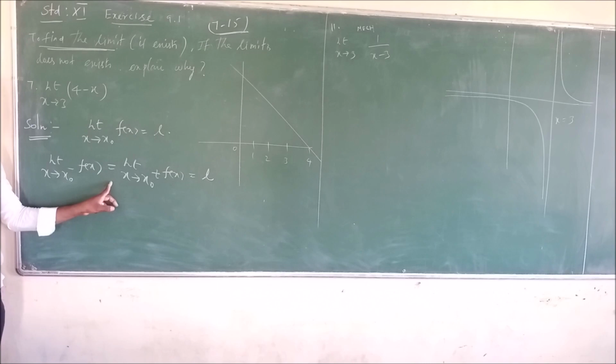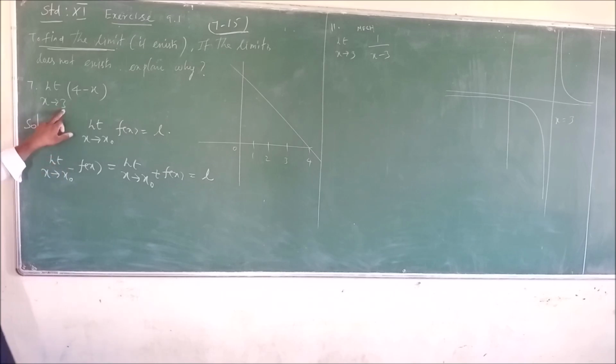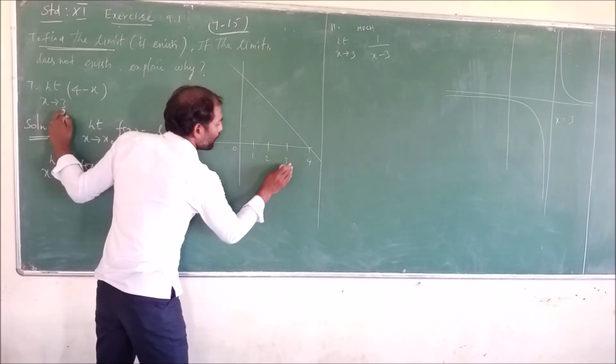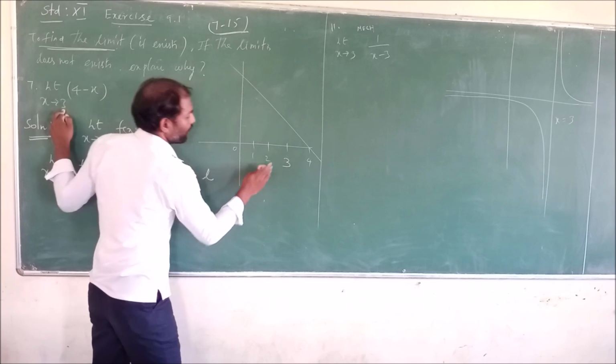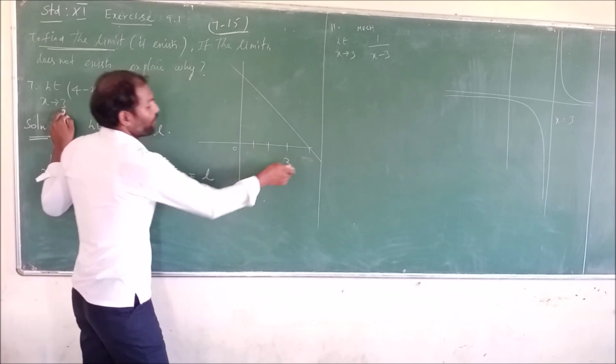Otherwise, if not equal, the given function's limit does not exist. We check the limit point, which is 3. So 3 is the limit point on the given graph.